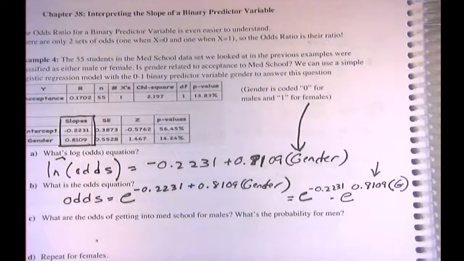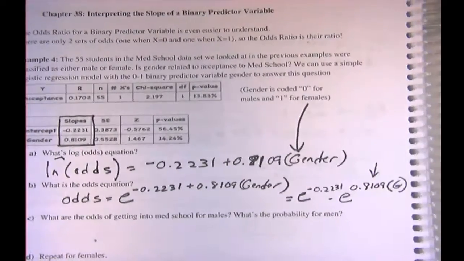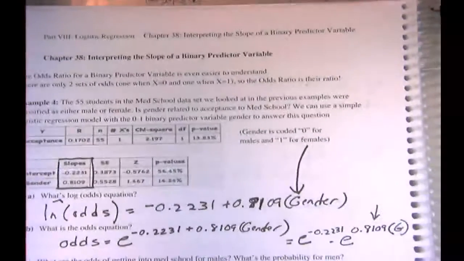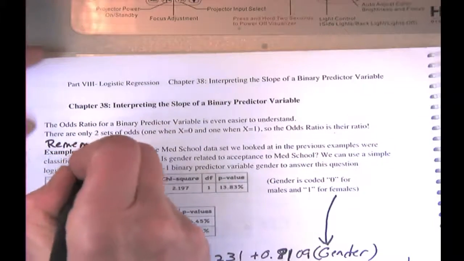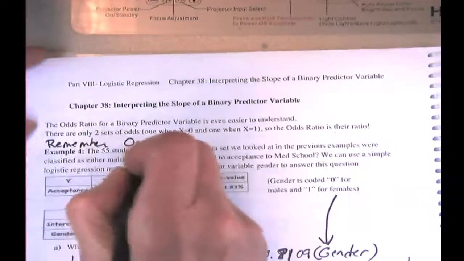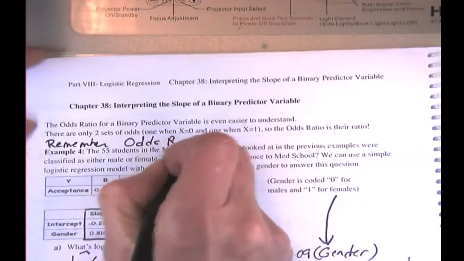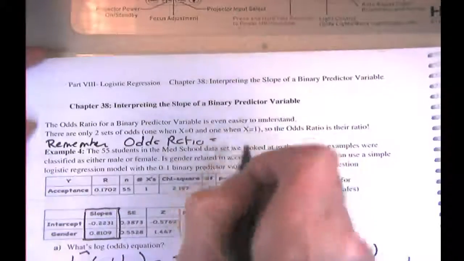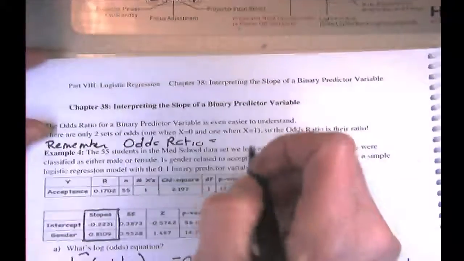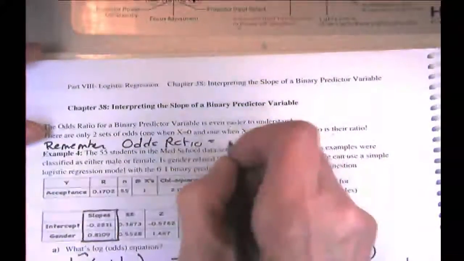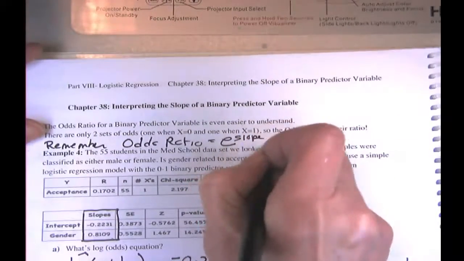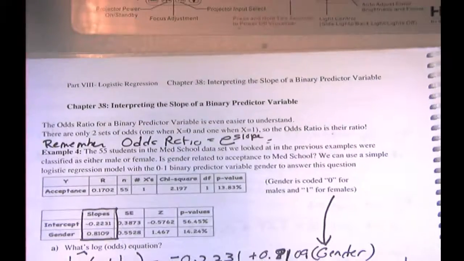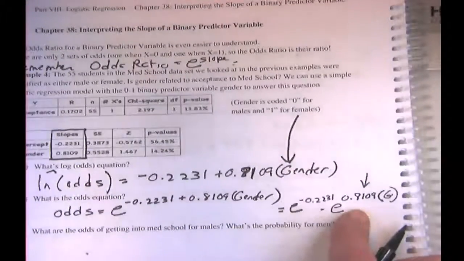And this part is the odds ratio. That's your odds ratio. Remember, we can just write that up at the top. So the odds ratio, we had it on the previous page, but remember, the odds ratio for gender, in this case comparing females to males, is e to the slope for gender. Okay?